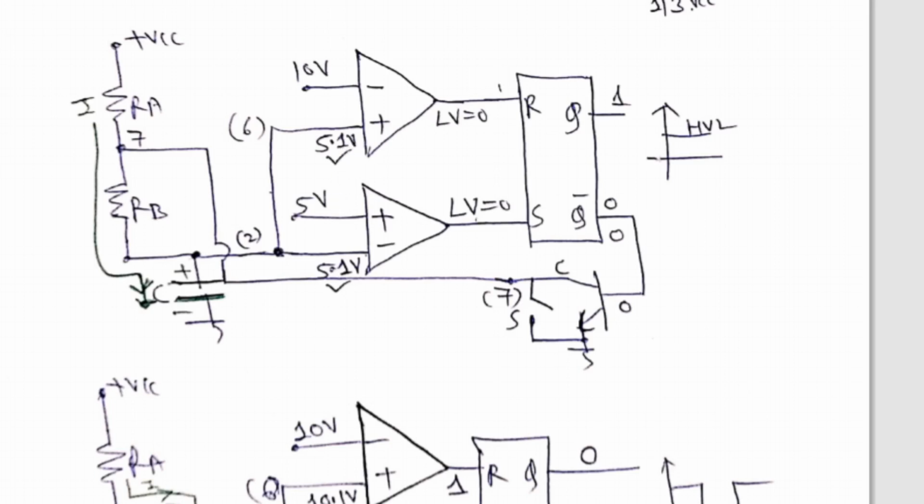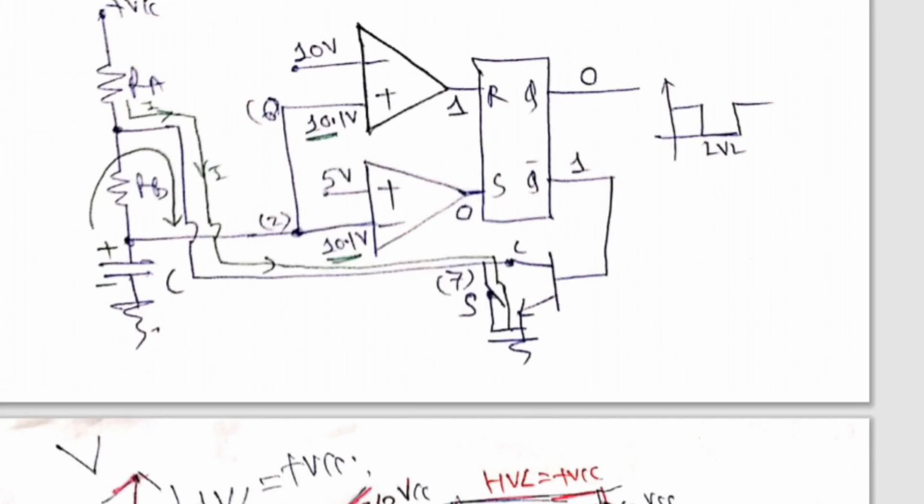Now let us proceed to the next block, and that block is nothing but this one here. So I have written here capacitor is charging above 5.1 volt, so it's 7.1, 8.1, 9.1, and this positive of the capacitor is at 10.1.